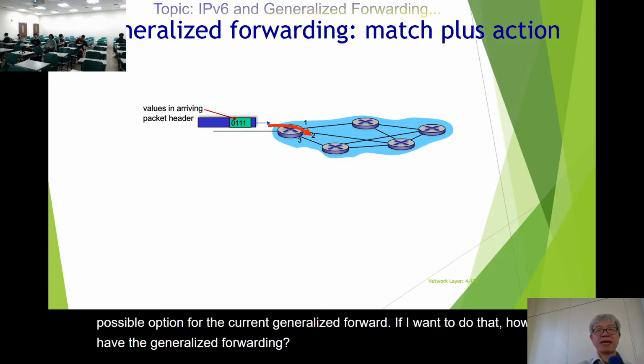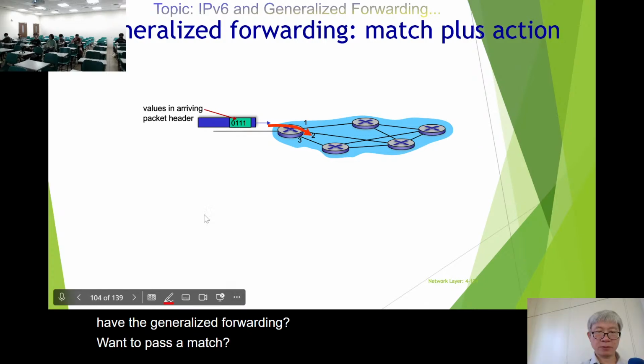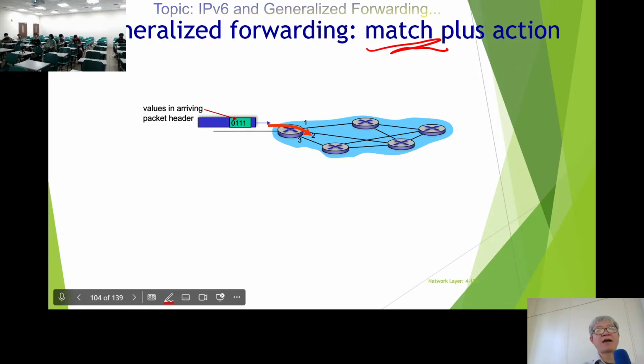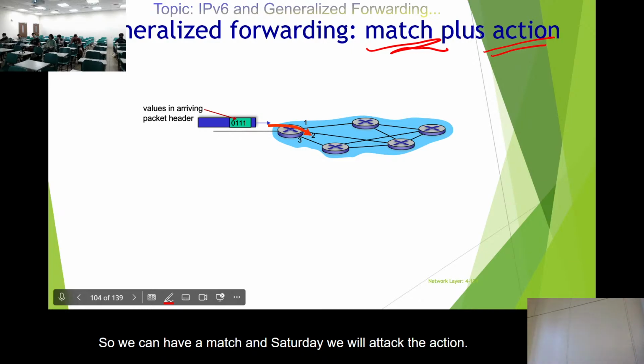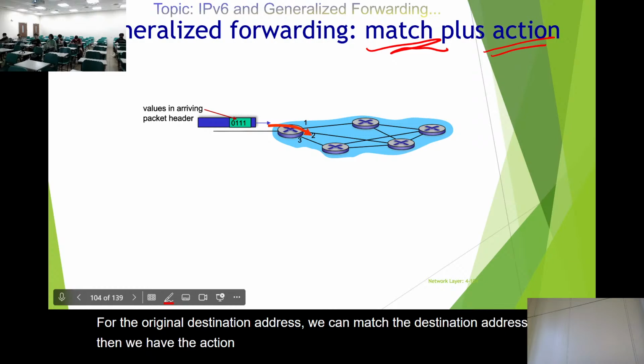We want to base it on match. So we can have a match, and then we will take the action. For the original destination address, we can match the destination address. Then we have the action, which port to forward.